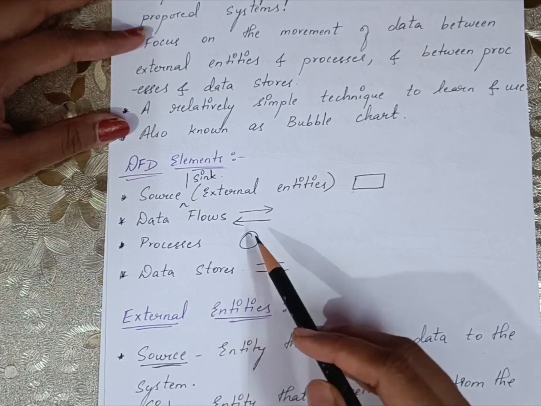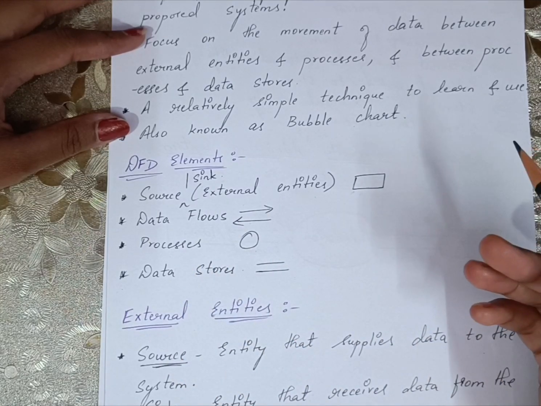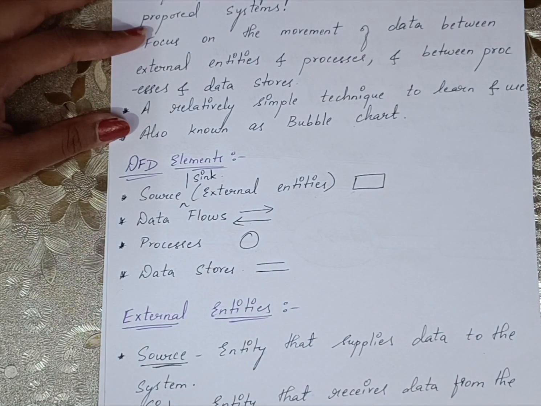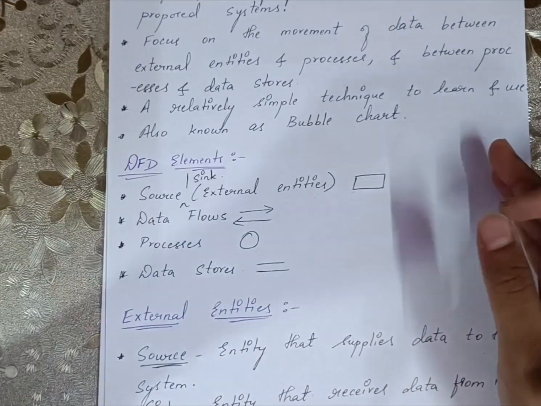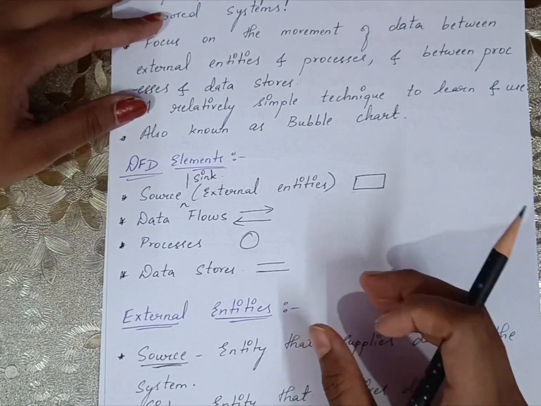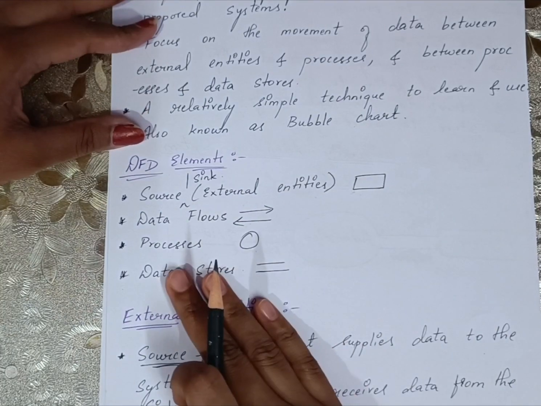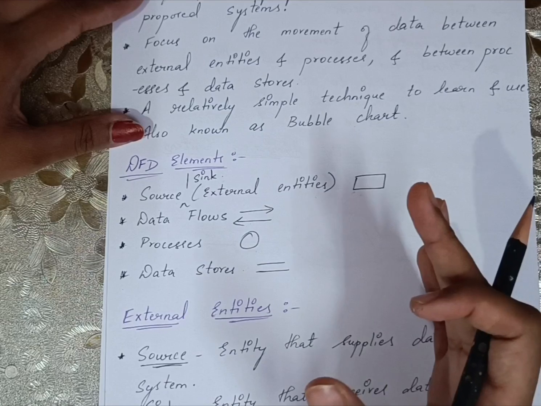And then processes, this is the symbol, process in the sense the actions that take place. Admissions is one example. If you are taking as an example a college admission application, the entities here will be user and admin. And what will be the process in between? The process would be admission. Process means some procedures take place.